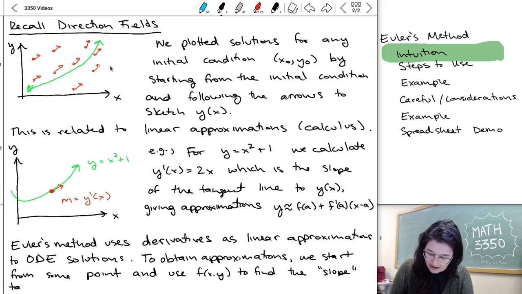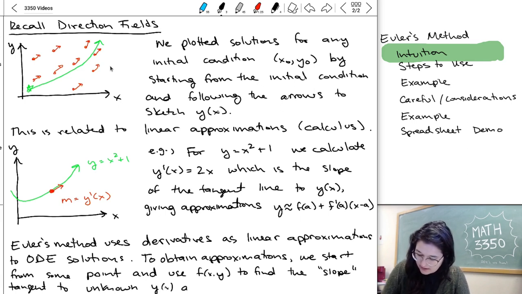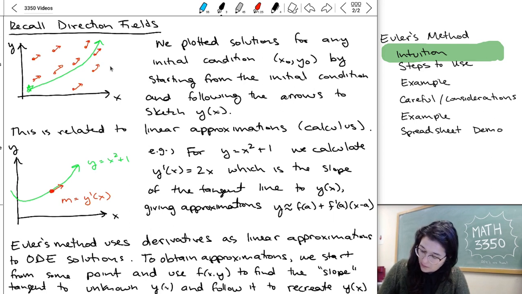Of a tangent line to some unknown y of x, and then we're going to follow that slope to recreate y of x.